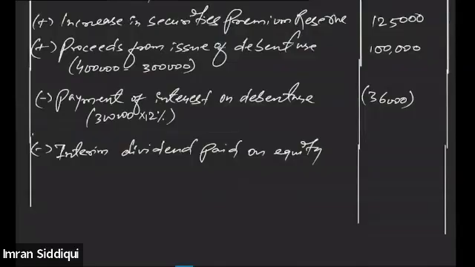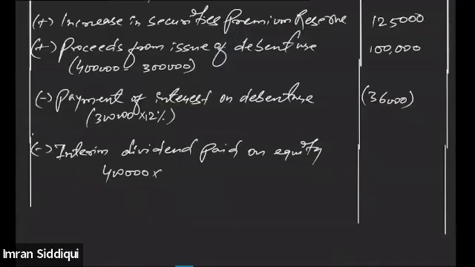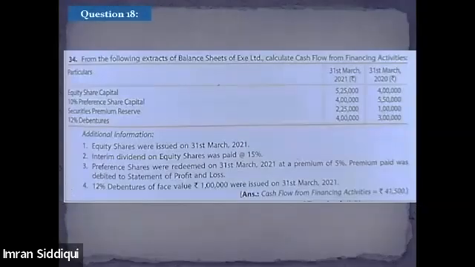Therefore, we pay the interim dividend upon 4 lakh. On 4 lakh, we will pay the interim dividend at the rate of 15%, as given in the question. So this will be 60,000 on equity shareholders as the dividend. Got it? Is that clear?